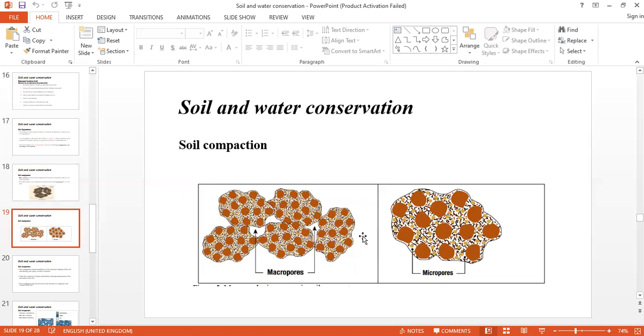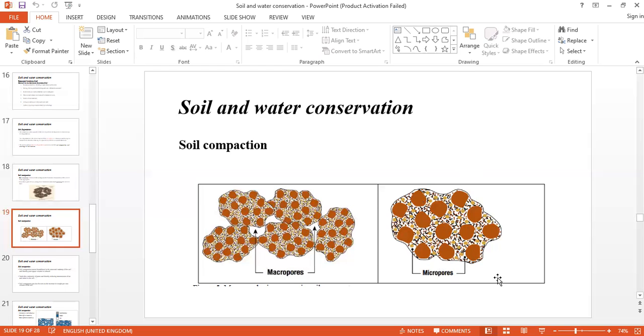Yes, so the big ones, the inter-aggregate or macropores, are used to transmit water and air. Then the smaller ones are used to store water.